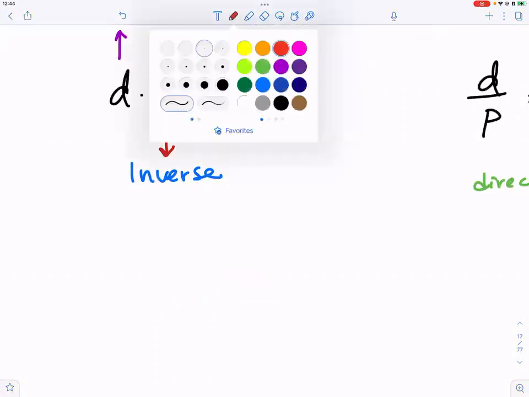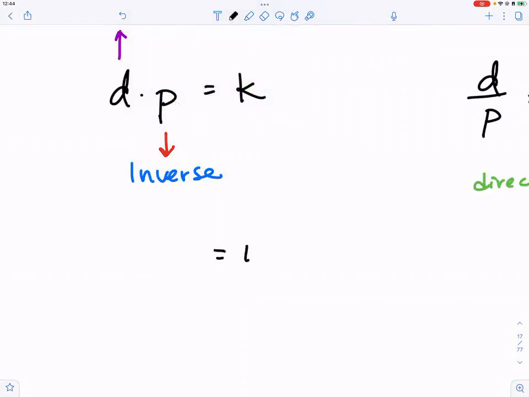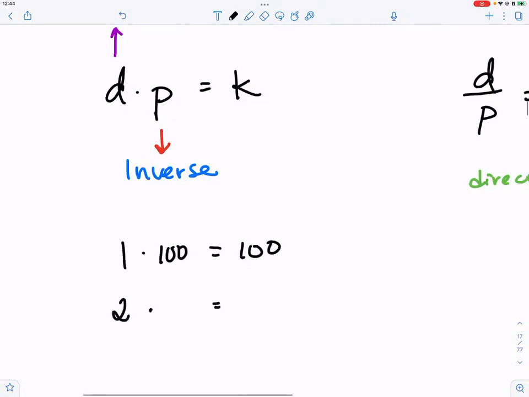So to make it less abstract, we can think about a number 100. We can say 1 times 100 is equal to 100. And then if I increase the first number from 1 to 2, what happened to the second number? Well, in order to maintain this constant on the right-hand side of the equation, the second number has to go down: 2 times 50.